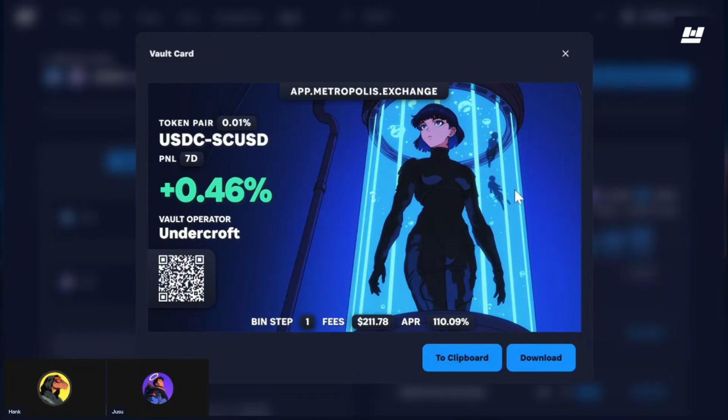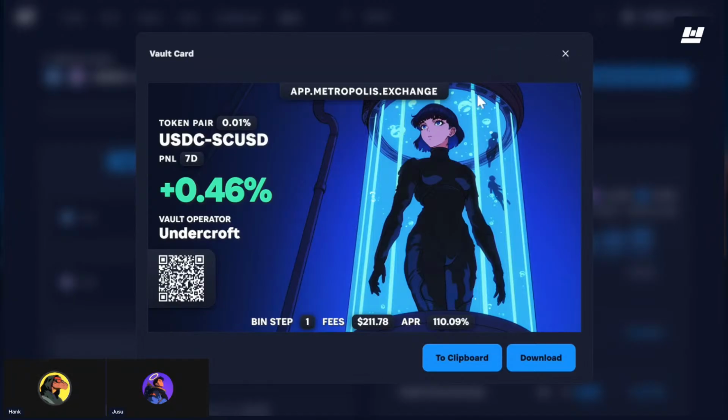I think this is really, really nice. And here on the right side, you see Aria. Depending on the performance, she's going to be happier or less happy. If you're very happy, you can share this performance. You just bring it to the clipboard and paste it, or you can download it and then use it in Discord, in Telegram, or on X or any social platform you want.